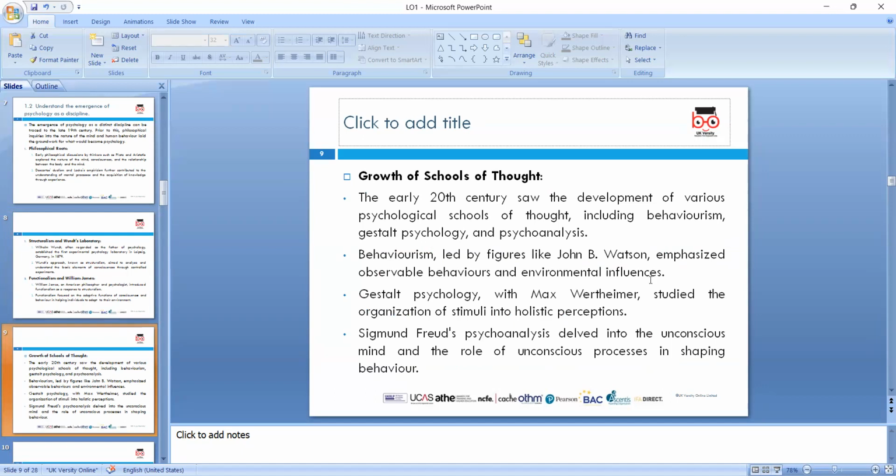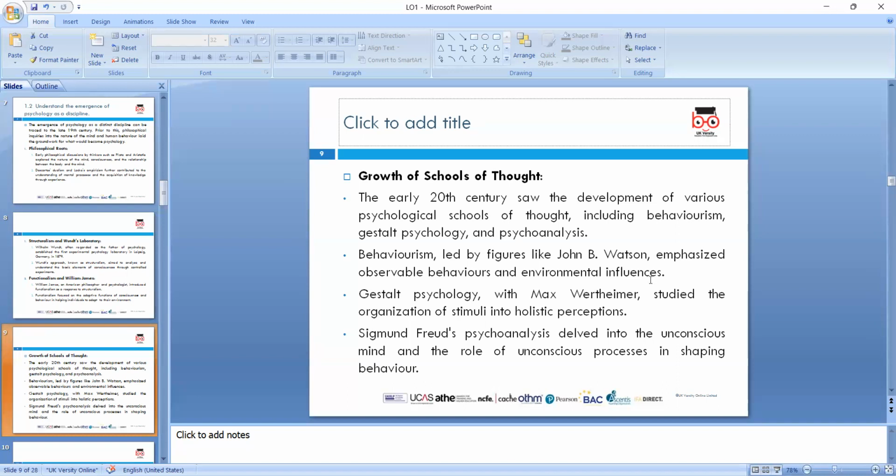Later, the growth of schools of thought. The early 20th century saw the development of various psychological schools of thought, and that included behaviorism. John Watson, Piaget, Skinner, all behaviorists. They tried to understand behavior. Gestalt psychology and psychoanalysis.